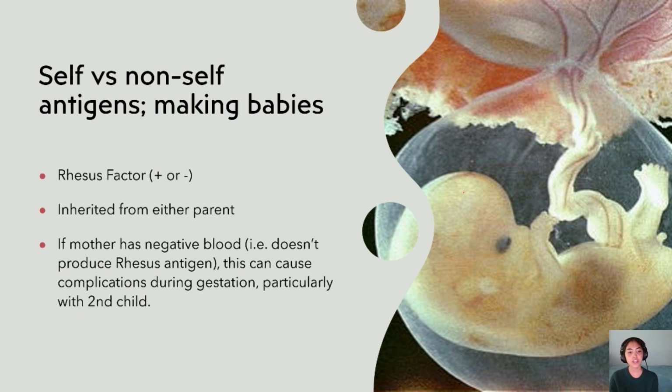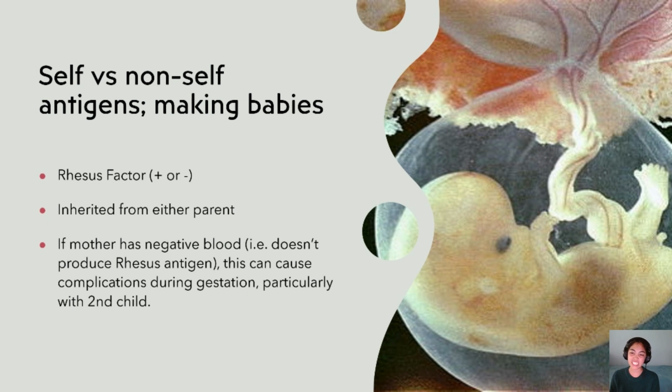If the mother has a negative blood type, say O minus, that means they don't produce this rhesus antigen. This can cause complications during the second pregnancy, in that the mother might start producing antibodies to attack the baby who has a blood type that's not familiar to the mother's immune system.